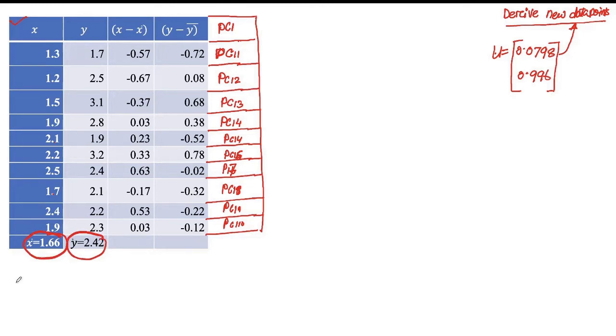This x bar is computed as the sum of all xi's from 1.3 till 1.9 divided by the total number of elements, that is the sample size. Similarly, y bar is computed as the sum of yi divided by n, and these values lead to 1.66 and 2.42.